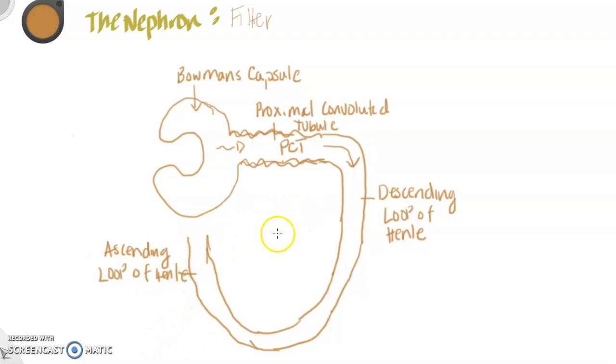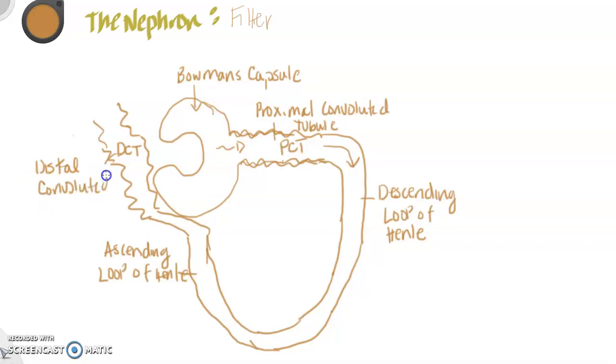Okay, once it gets there, it turns and turns into the DCT. And the DCT is the distal convoluted tubule.